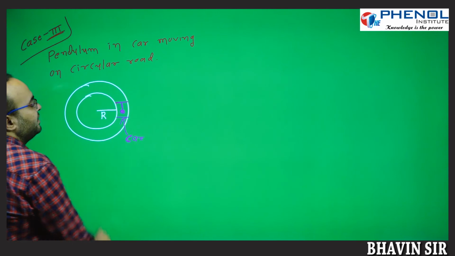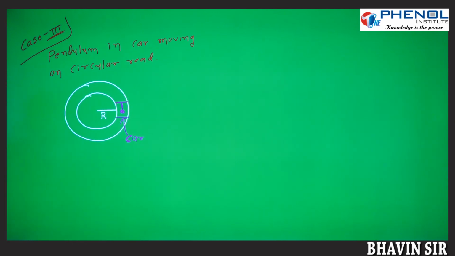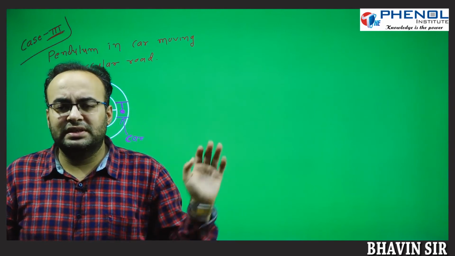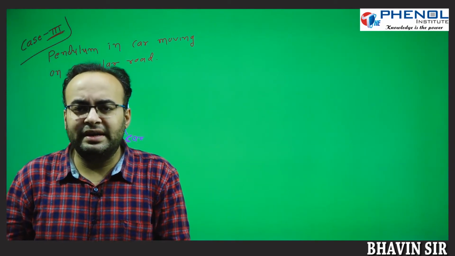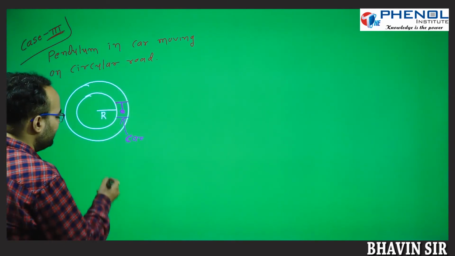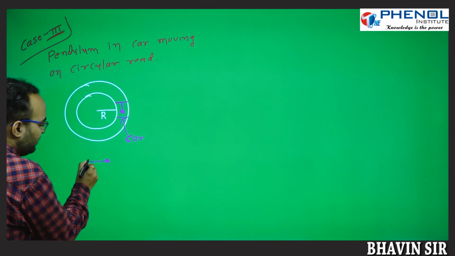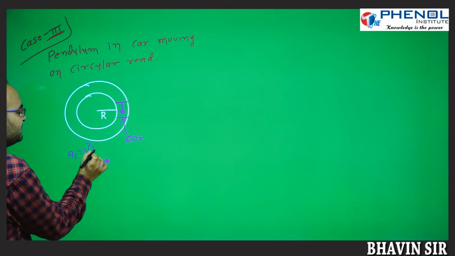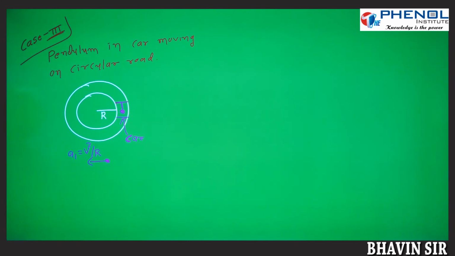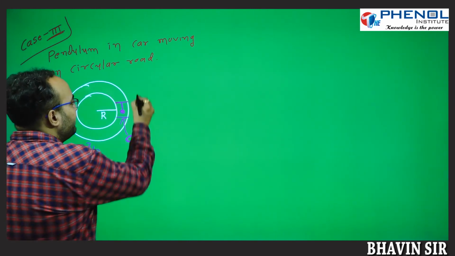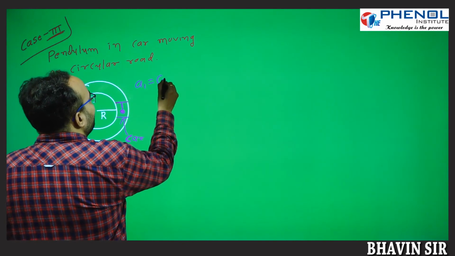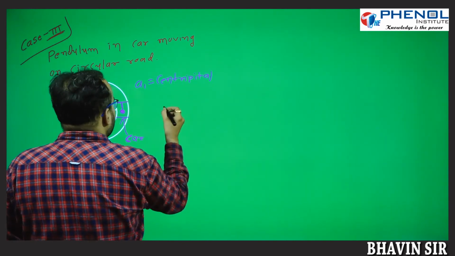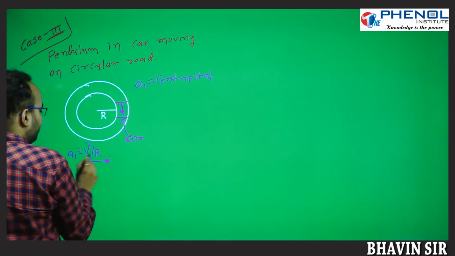Chalo. So students, in a circular motion centripetal force always acts, so centripetal acceleration is towards the center. What is its formula? v square by R. Why do we consider centripetal acceleration here? Because of the centripetal force.